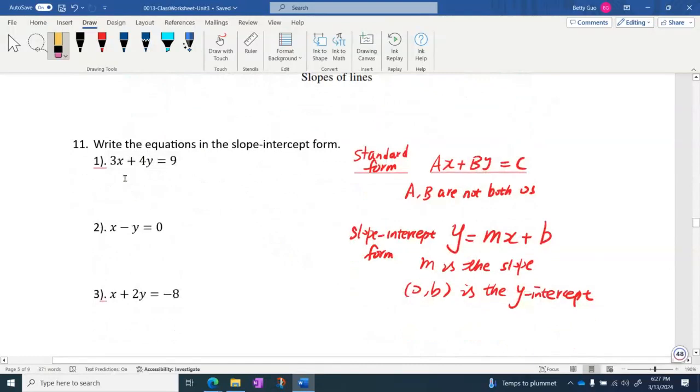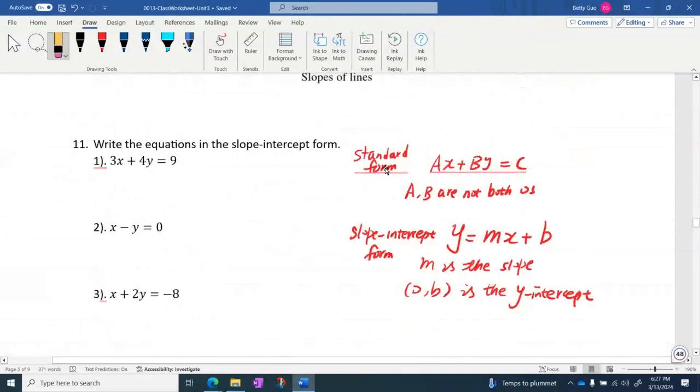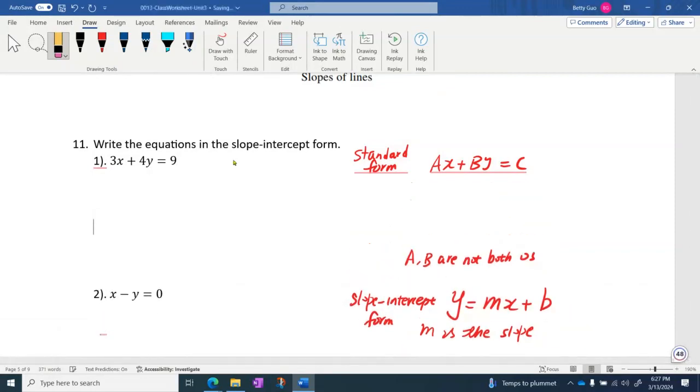When we look at the given equations, they are all in standard form, so this question is about converting from standard form to slope-intercept form. Let's get started. Remember, slope-intercept form has y by itself on the left side. So to rewrite the equation in slope-intercept form, we are going to solve the equation for y.